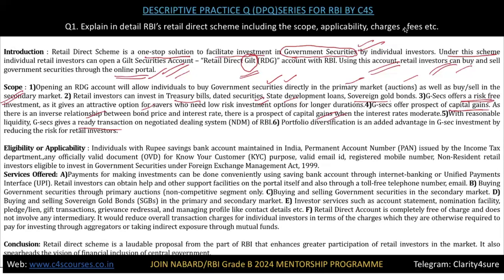Government security is a very liquid option for investors and is considered an easy option for people who want a readily available investment option. So the RBI is offering its Negotiated Dealing System, NDS, for retail investors to invest in G-Secs.